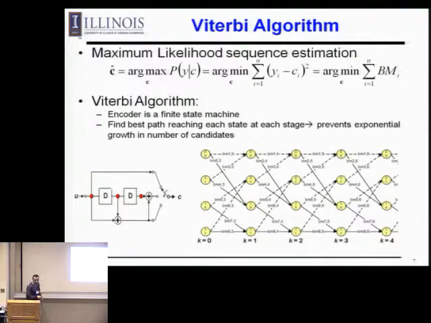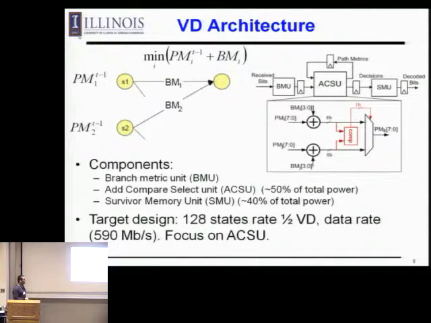In terms of architecture, you would have a branch metric unit, which finds the difference between the received bits and the expected bits, and you have a set of add, compare, select units. These add, compare, select units are the main computational blocks.